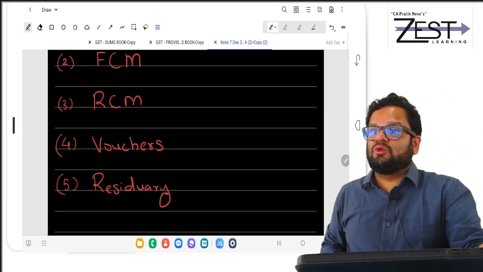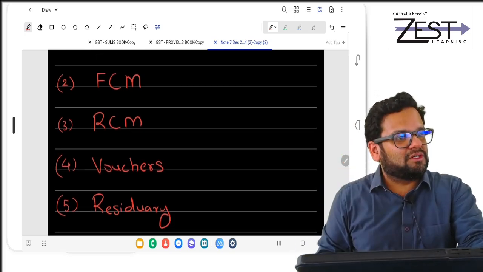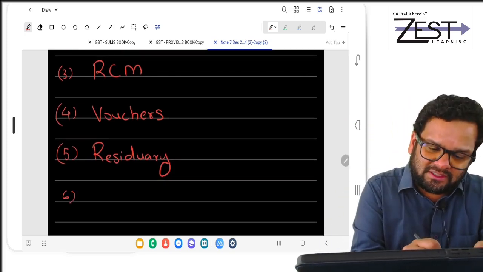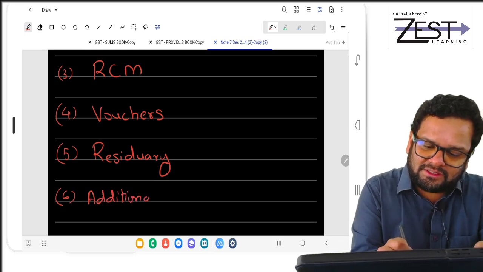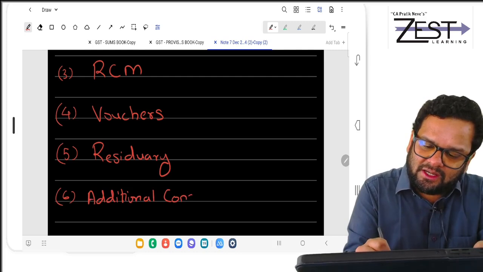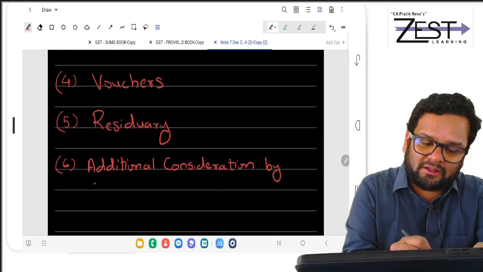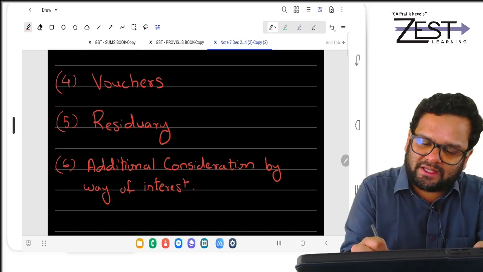Residuary means you can't identify time of supply as per 2, 3 and 4, so you will apply 5. And 6 is additional consideration. When do you get additional consideration? You get it by way of interest, late fees, etc.